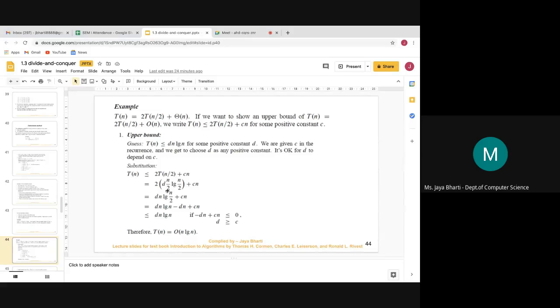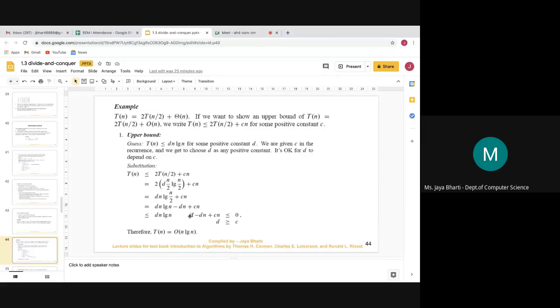Okay, so now instead of n we need n by 2, so it will be d n/2 log n/2. So it will be 2d n/2 log n/2 plus cn. When you solve this, you get the function like this: dn log n minus dn plus cn.